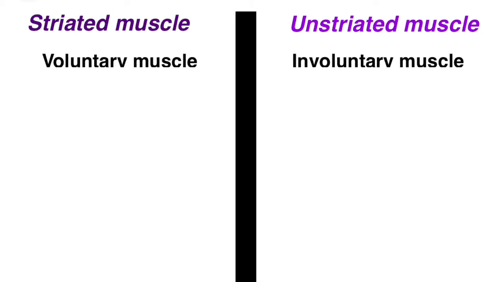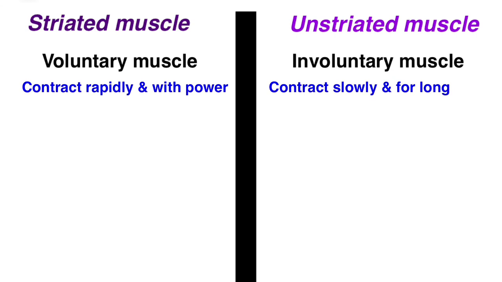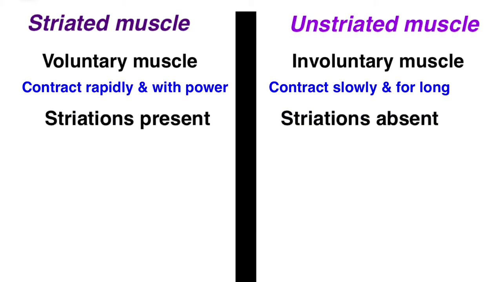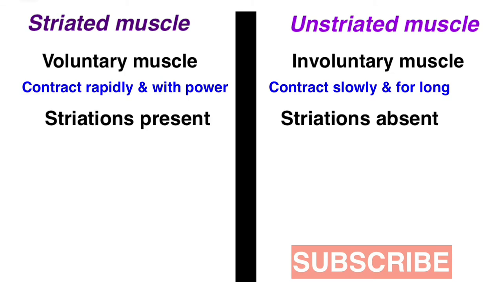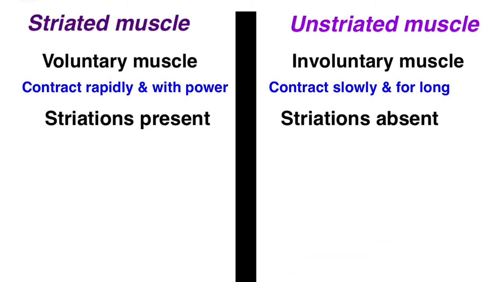Depending upon the presence and absence of striation, muscular tissue can also be classified into two groups, that is, striated muscle and unstriated muscle. Striated muscles contract voluntarily, whereas unstriated muscles contract involuntarily. Striated muscles contract very rapidly and with a powerful action. Unstriated muscles contract slowly and for a prolonged time. Striated muscles have alternate bands of light and dark streaks, whereas these striations are absent in unstriated muscle.